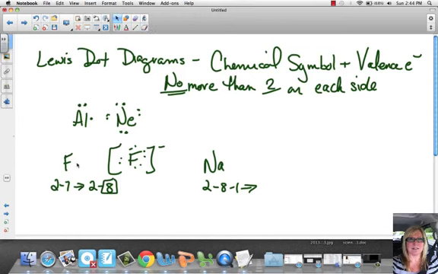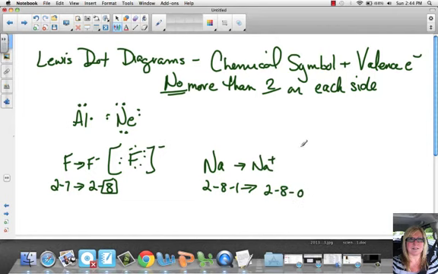I'm going to write that as F going to F minus. And this is Na going to Na plus. Just to make it more clear. So now it's only 2-8. So its outermost shell actually has 0. So we don't put any dots around it. It's empty. We just put it in brackets with charge.